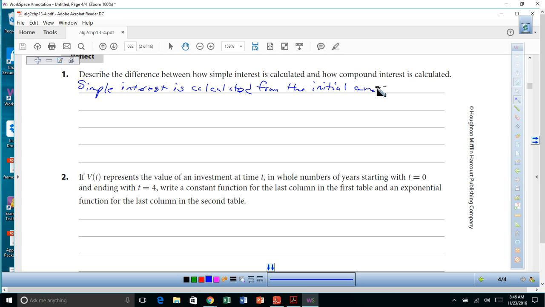That's terrible penmanship. All right. And then compound interest is calculated from the initial amount and the interest accrued.